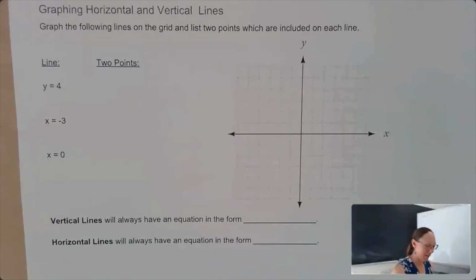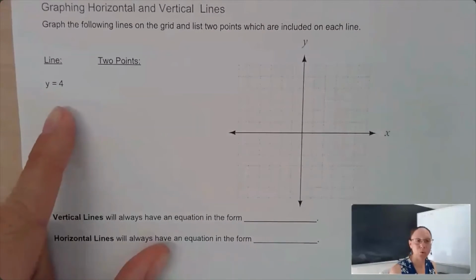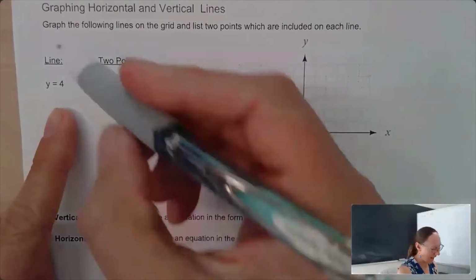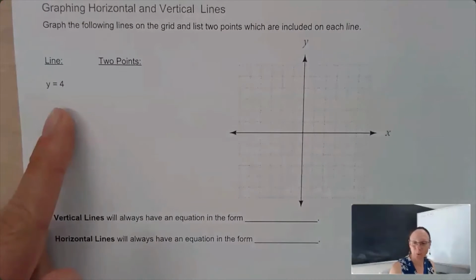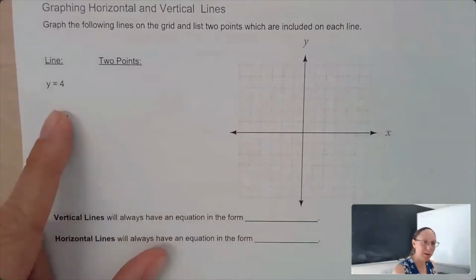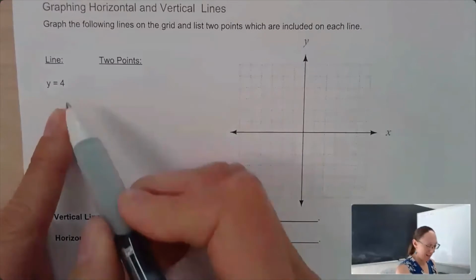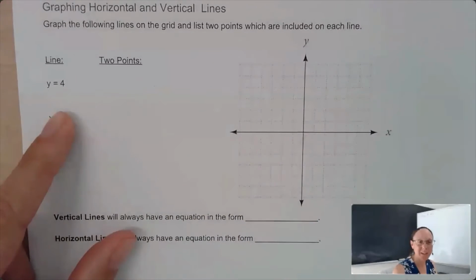So when I look at y equals 4, I have only one variable, and the power on it is a 1. So this is going to be the equation of a line. When we're asked to find 2 points, if my equation is y equals 4, that means no matter what the x value is, the y value is always 4.